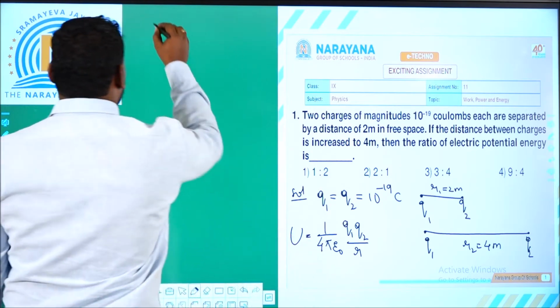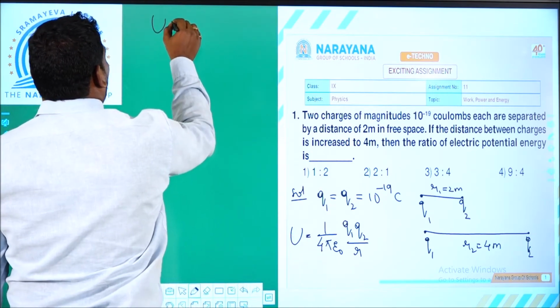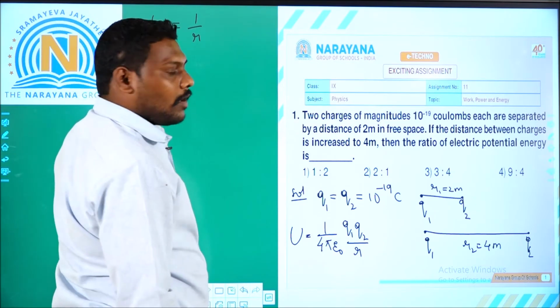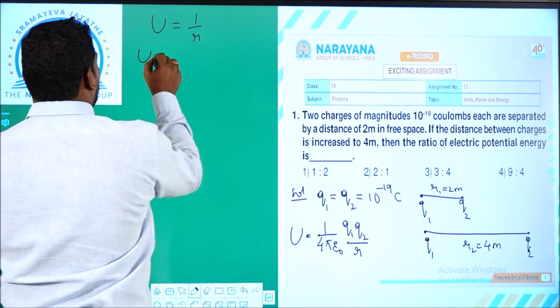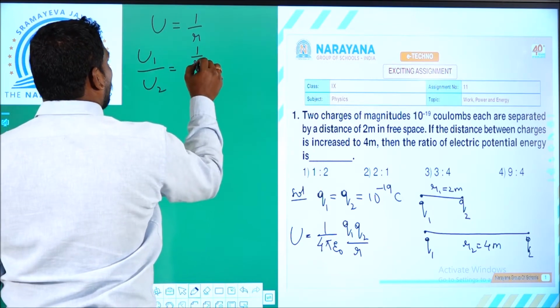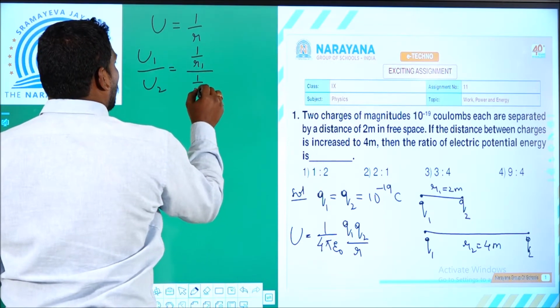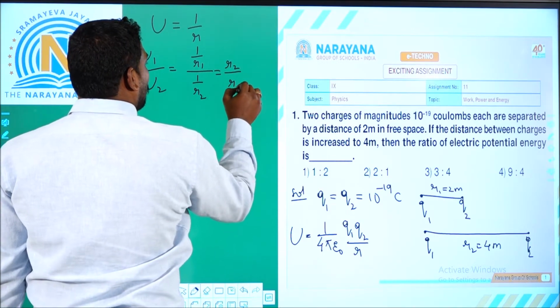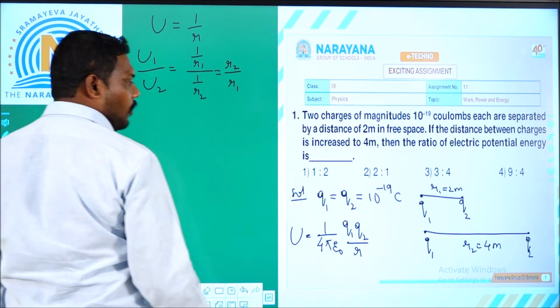So the potential energy is inversely proportional to distance. That means U1 by U2 should be equal to (1 by R1) by (1 by R2), which is equal to R2 by R1. Now you know what R2 is?